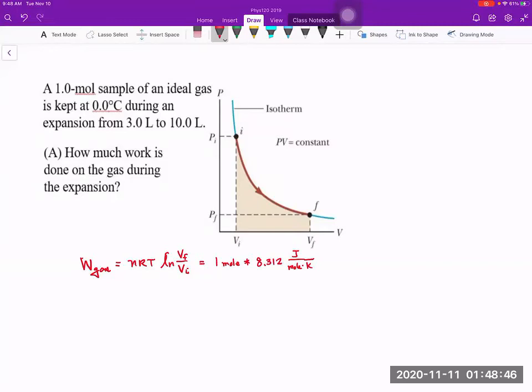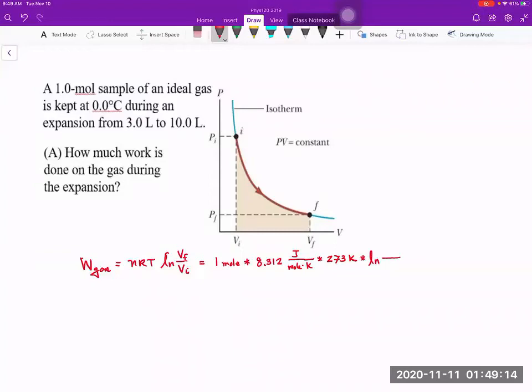So that means when you do the calculation, the T, the temperature, cannot be in Celsius. It has to be in Kelvin. And 0 degrees Celsius is simply equal to 273 Kelvin. And then you multiply with the natural log of the volume ratio.